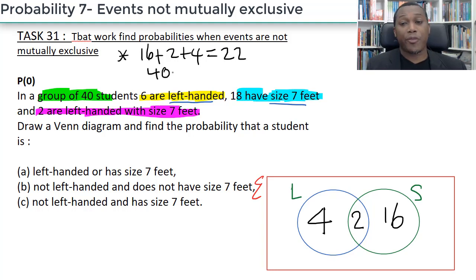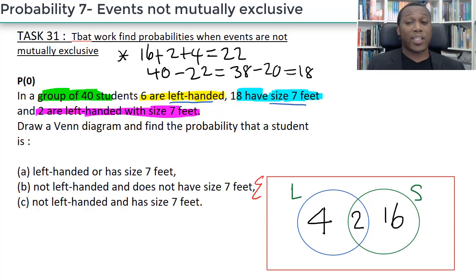So the second calculation, 40 take away 22, is actually the same thing as 38 take away 20, which is 18. Ever use that trick for your subtraction? Look at what I did there. It's easier to subtract with the 0, so you just decrease.